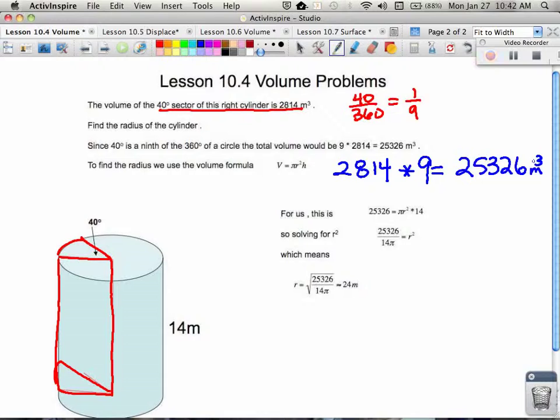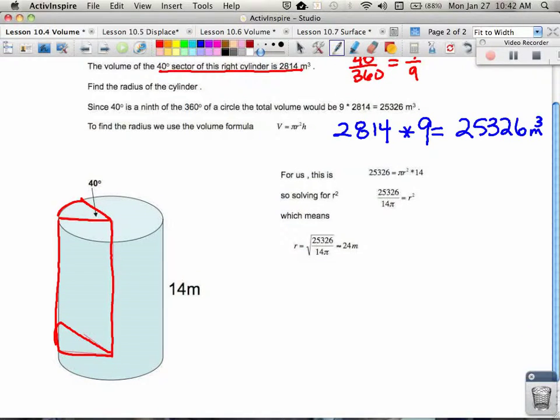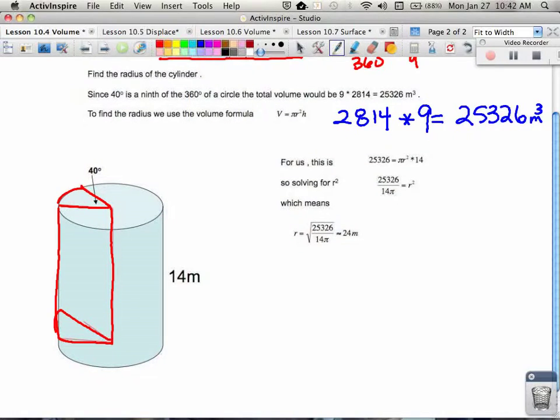This time I want to find out the radius. To find the radius, I have the volume formula down below: volume equals the area of the base, which is the circle of course, times the height of that cylinder.